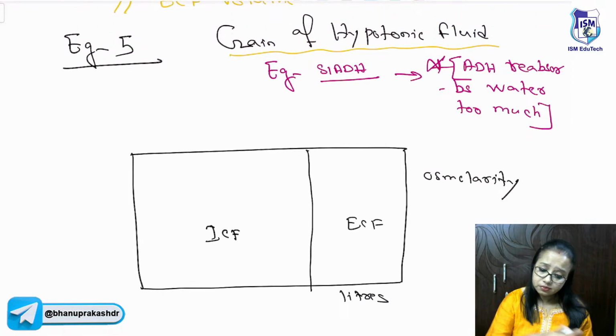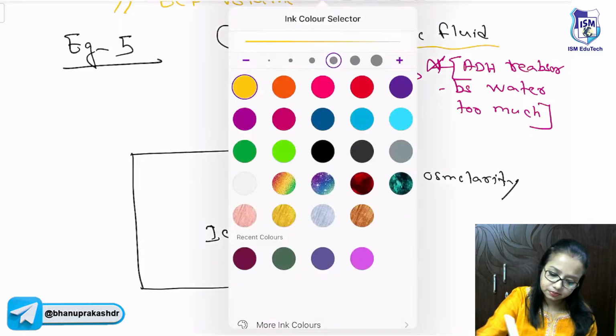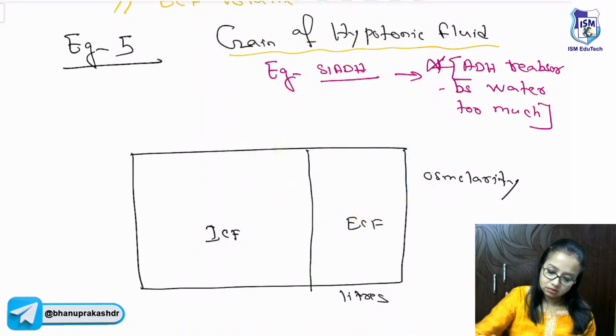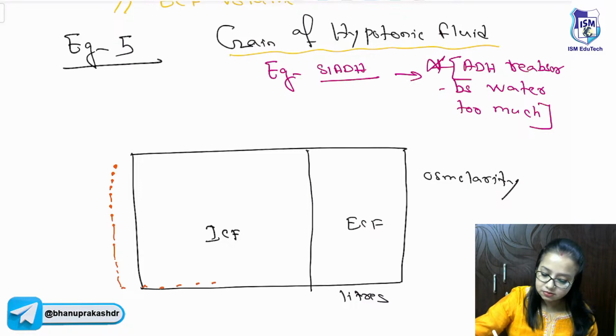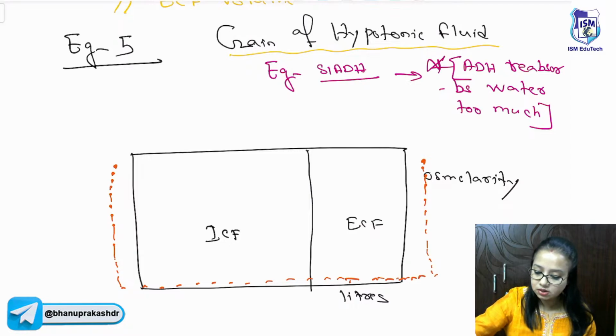When the body is reabsorbing too much hypotonic fluid, that means water, there is a large quantity of water and a very small quantity of minerals or salt. So at once, there will be volume expansion. The ECF volume and the ICF volume both will increase.